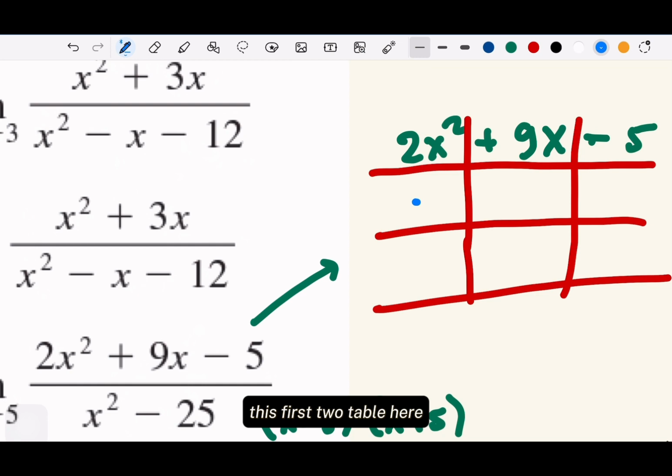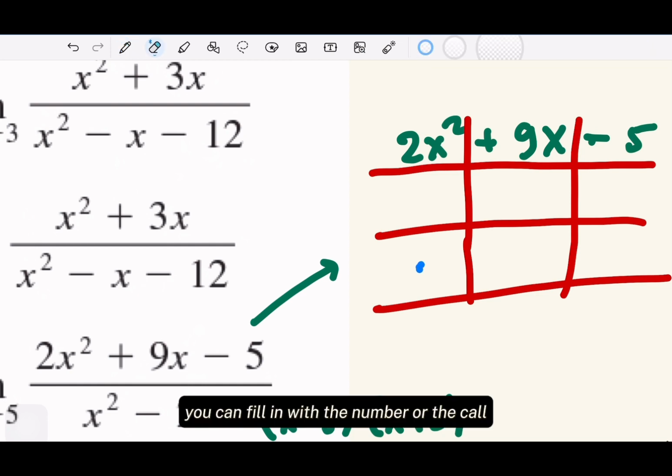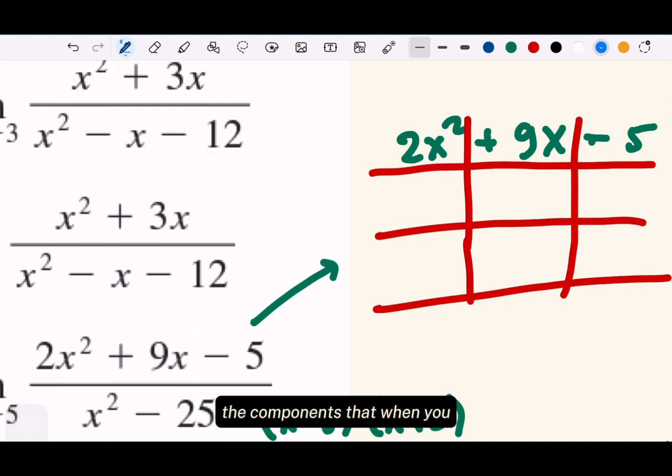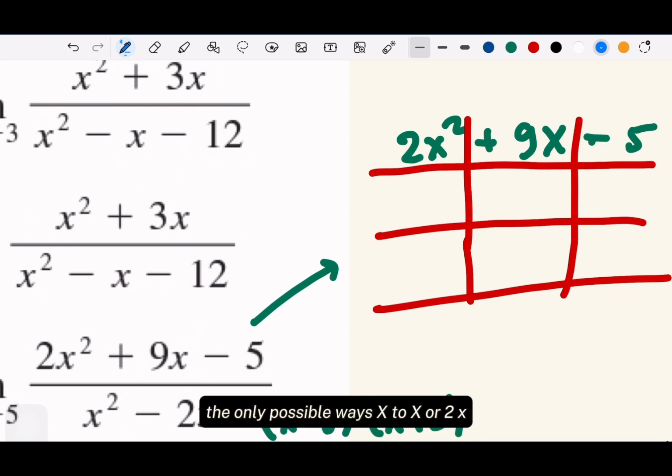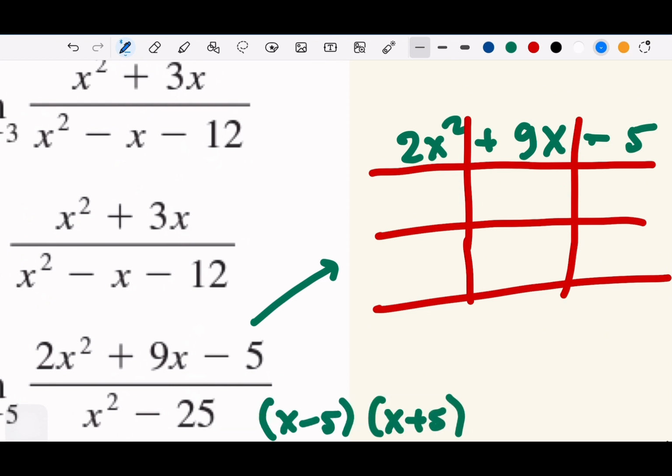In the first column, you can fill in the components that when you multiply them, result in 2x squared. So the only possible way is x and 2x. So let's say we are having 2x and x.